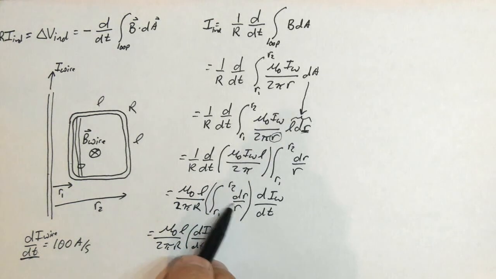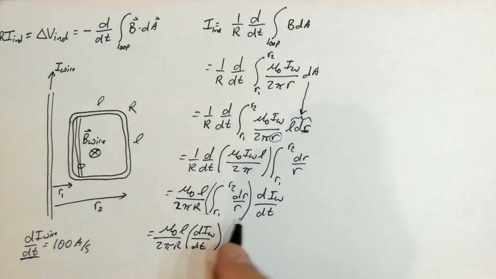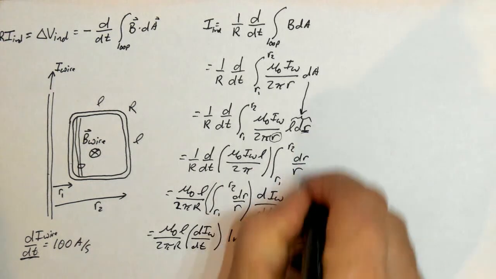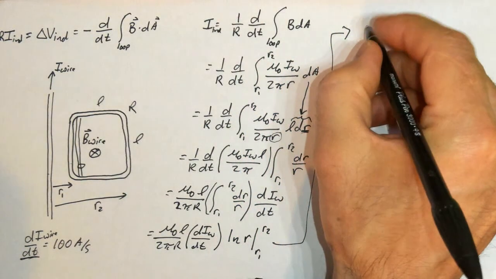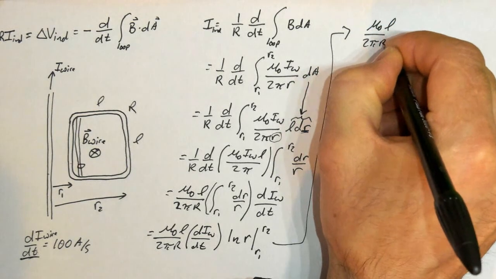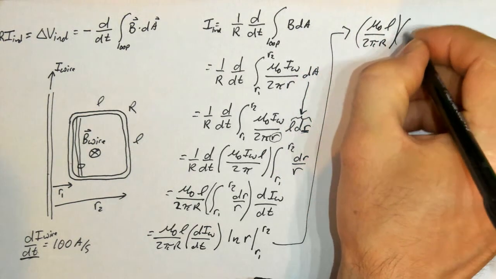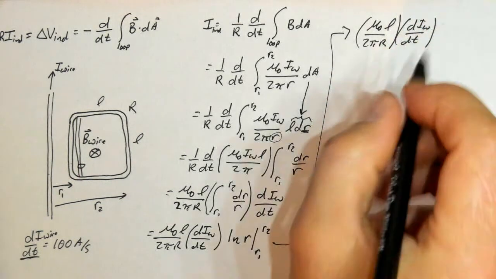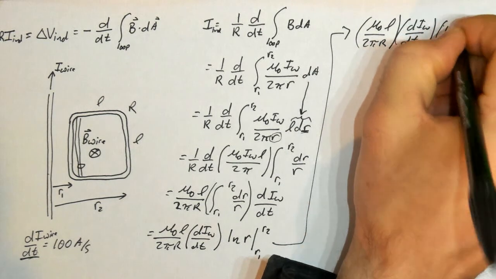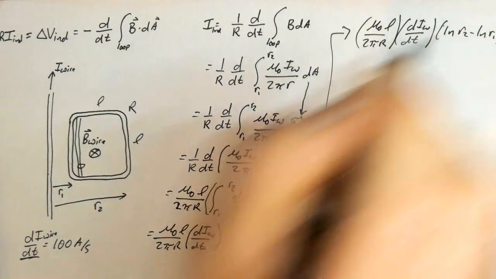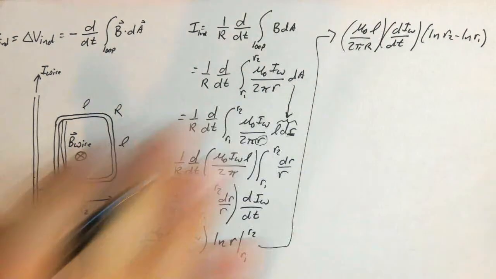And I'm left with the integral of 1 over R, which is natural log of R. So it's the natural log of R evaluated at its endpoints, which finally gives us mu naught L over 2 pi R, stuff we know, times the time rate of change of current in the wire, which we know, and then that's times the natural log of R2 minus the natural log of R1. Let's shift this over a bit.